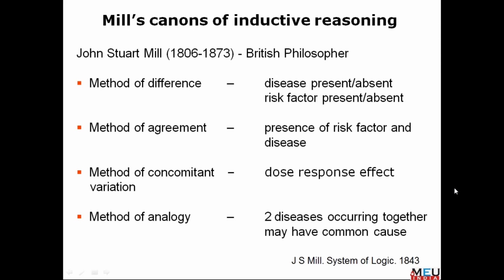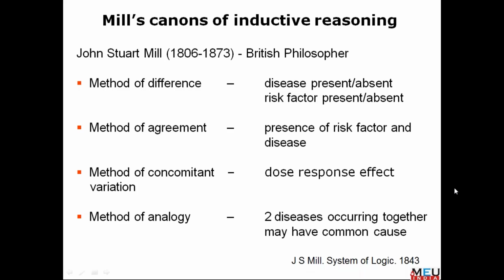John Stuart Mill in the 19th century made certain principles of inductive reasoning. First is the method of difference: whether the disease is present or absent, whether the risk factor is present or absent. Method of agreement: whether in a disease a risk factor is present.